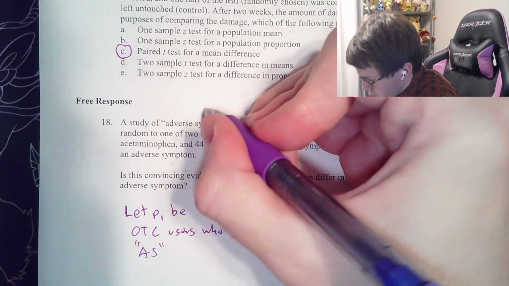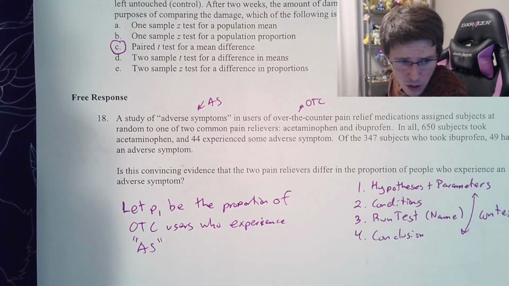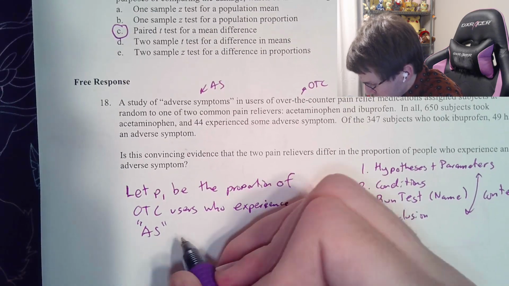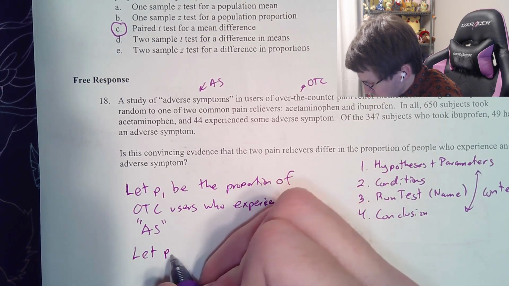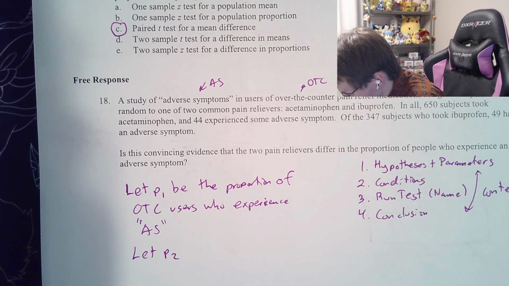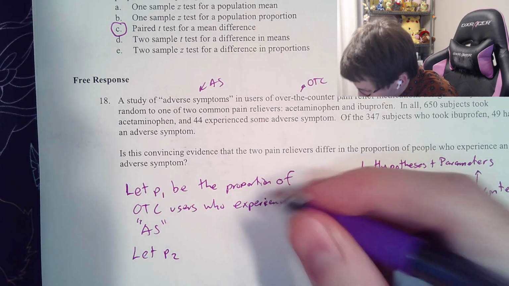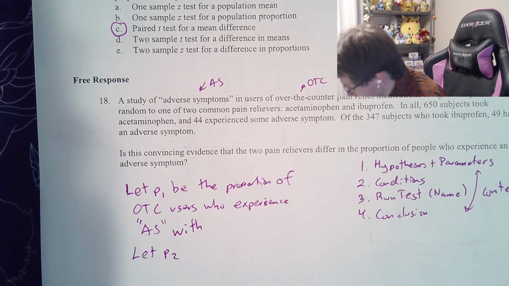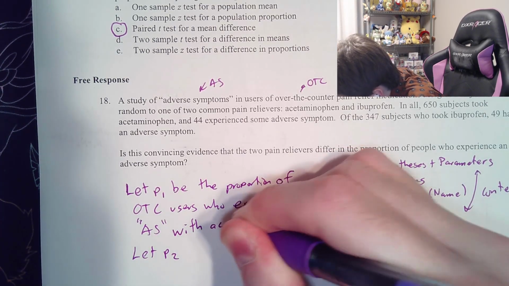Oh yeah, we're going lazy here. And we're going to say let P2 be the proportion of OTC users with ibuprofen, acetaminophen. Acetaminophen.